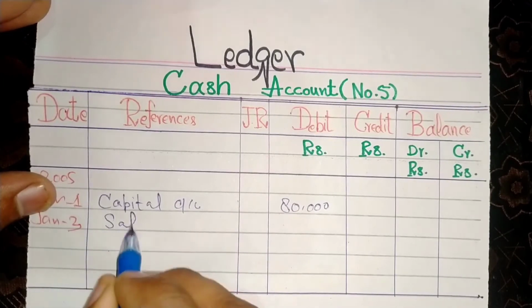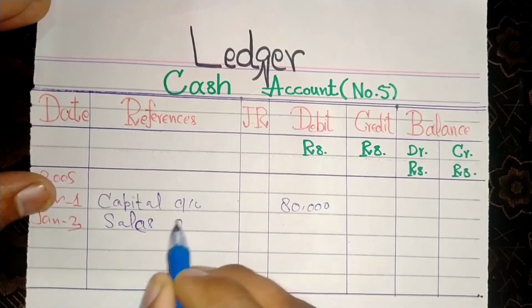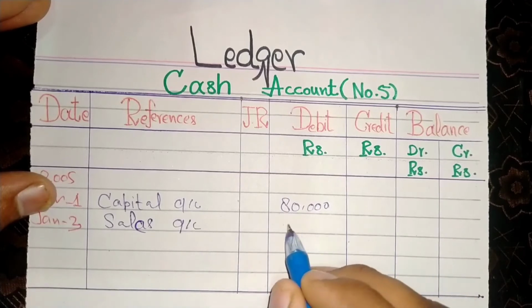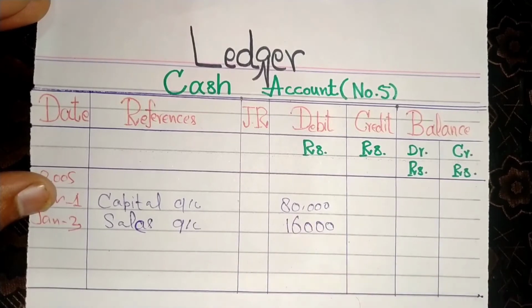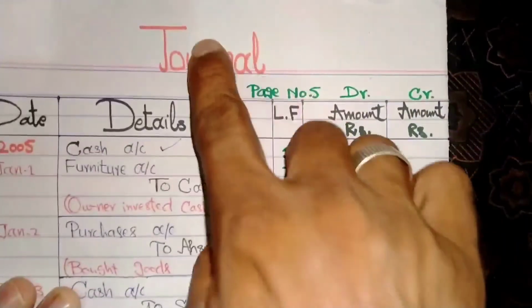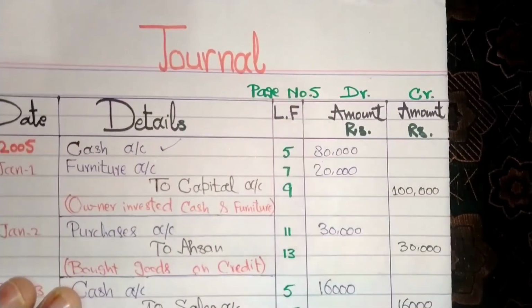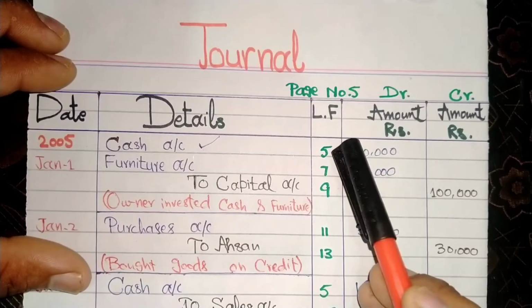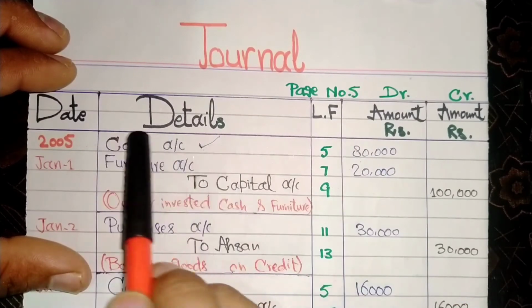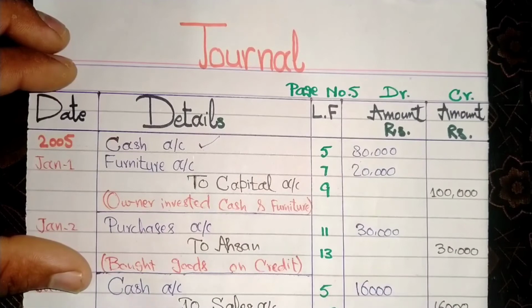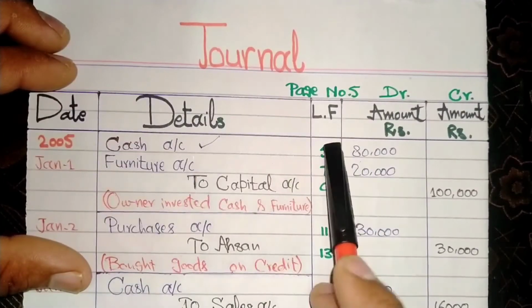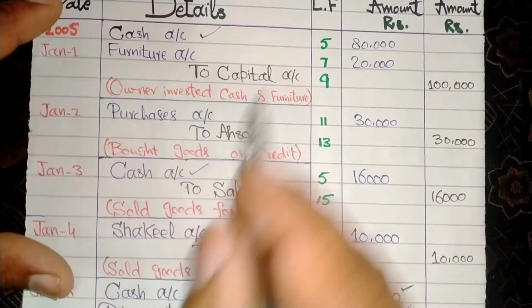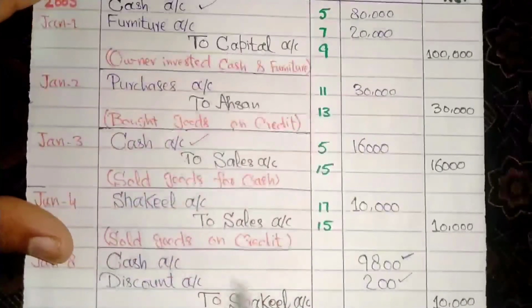So the sales account with an amount of 16,000 rupees. This is the page number of the journal account, and this is the ledger folio number of the related account. The ledger folio number of the cash account is 5, which we will find from the journal account.